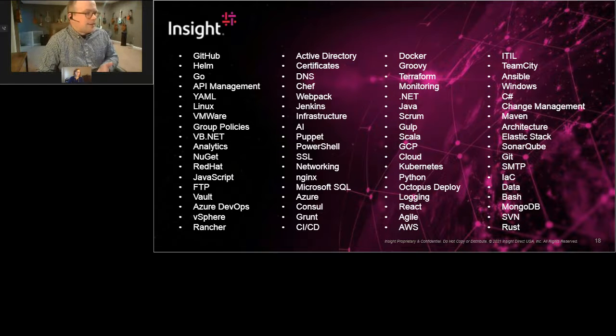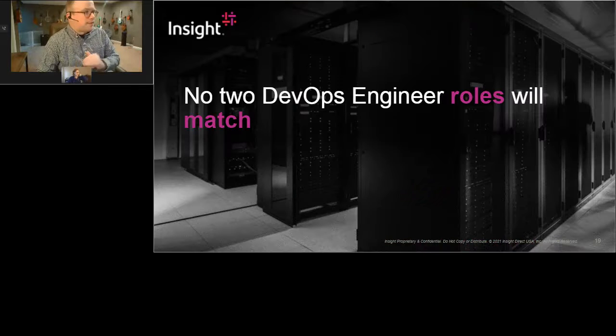So the point I'm trying to make is that no two DevOps engineer roles will match. And that's for good reason, as we just saw. There are all these things that we want DevOps engineers to do at different times. Sometimes you need somebody who's just a really sharp developer and geeks out about code, maybe more passionate about the delivery of the application and building out CI/CD pipelines.